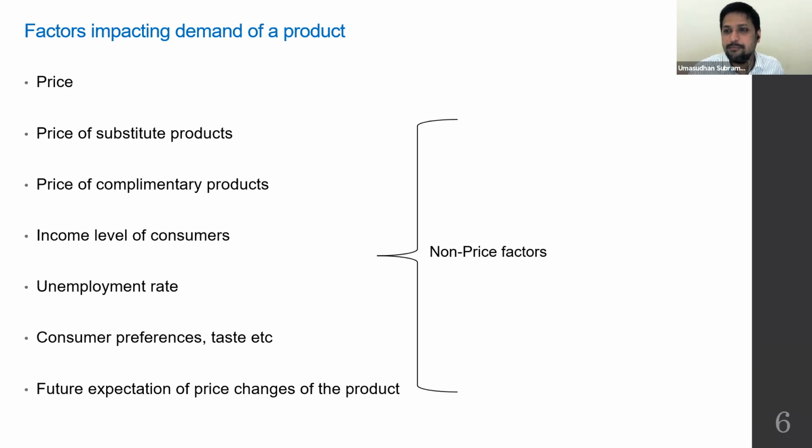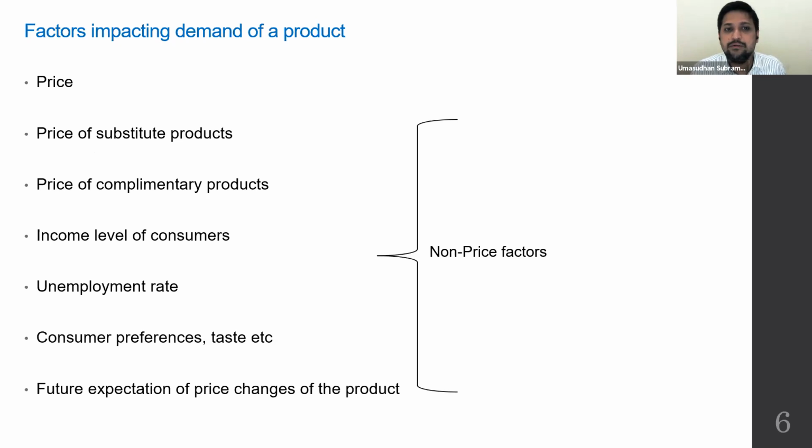You need to think about what would be the relationship between price of substitute products and the demand for a particular product. Let's say we are talking about tea, and coffee is a substitute product. What happens when the price of coffee increases?